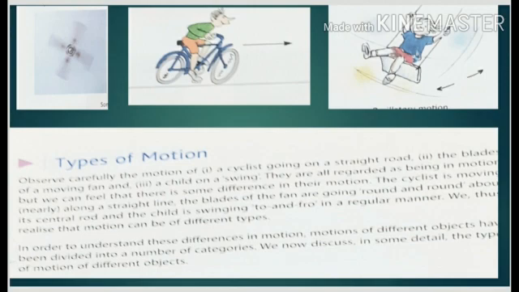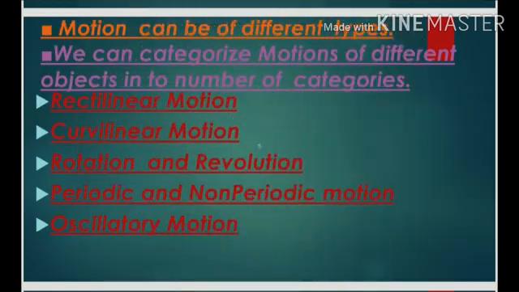To understand the differences in the motion of different objects, we are going to divide these motions into various categories. Let's discuss one by one. Broadly, we can categorize motion of different objects into a number of categories.